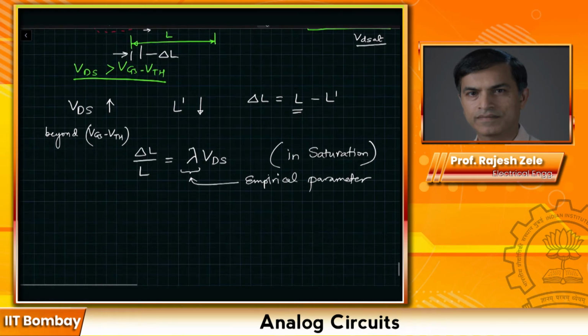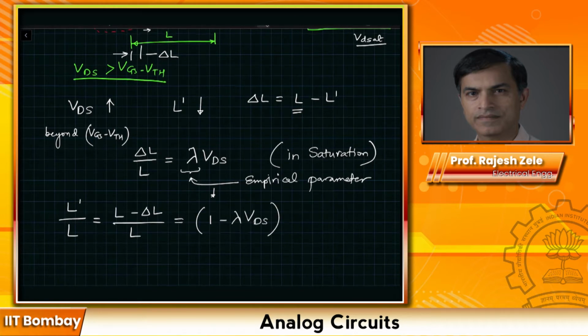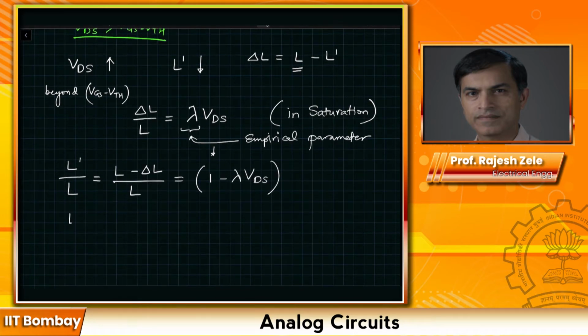Now we can write an expression here, which is L prime divided by L is equal to L minus delta L divided by L, and substituting back in here, this will give me 1 minus lambda times VDS. So we can say that L divided by L prime is equal to 1 plus lambda times VDS.